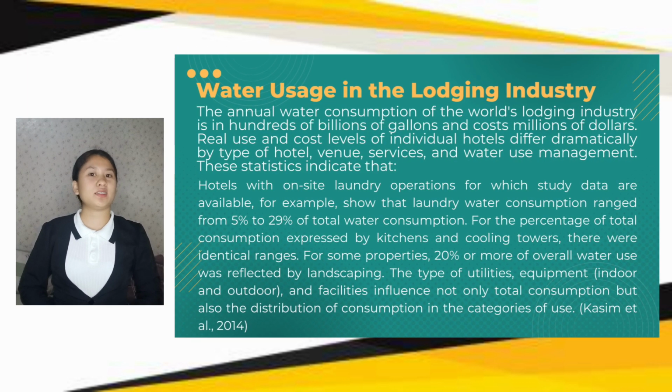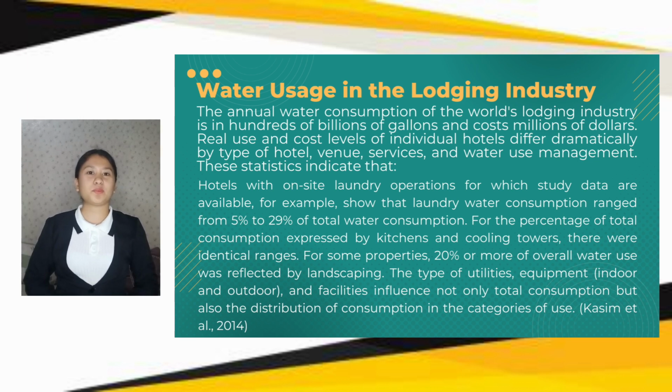Water usage in the lodging industry. The annual water consumption of the world's lodging industry is in the hundreds of billions of gallons and costs millions of dollars. Real use and cost levels of individual hotels differ dramatically by type of hotel, venue, service, and water use management. These statistics indicate that hotels with on-site laundry operations, for which study data are available, show that laundry water consumption ranges from 5% to 29% of total water consumption.